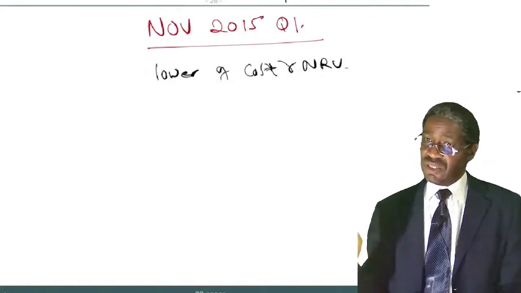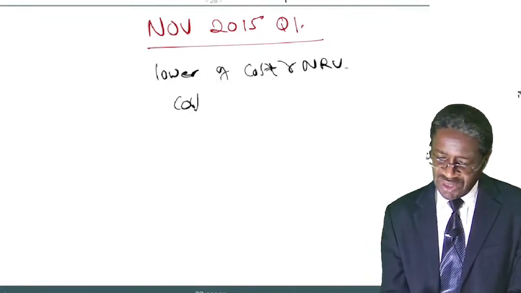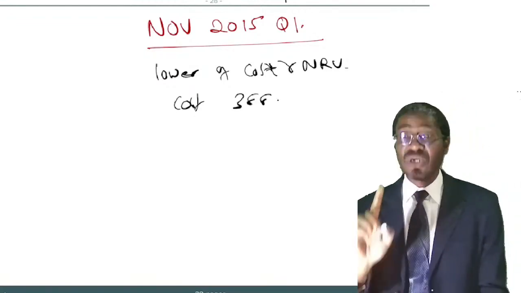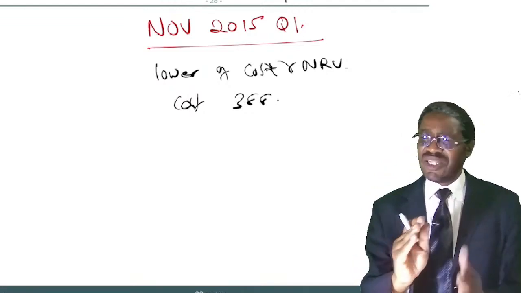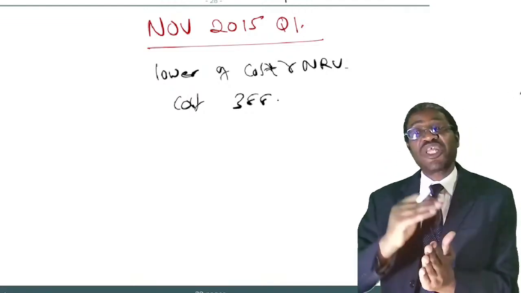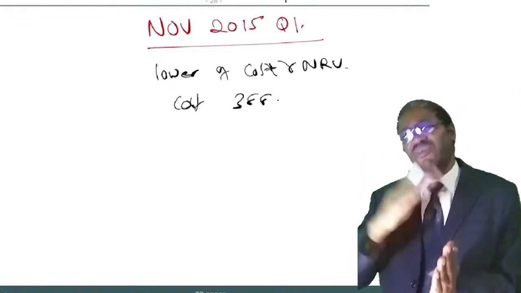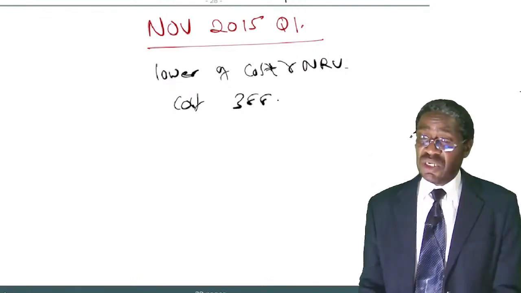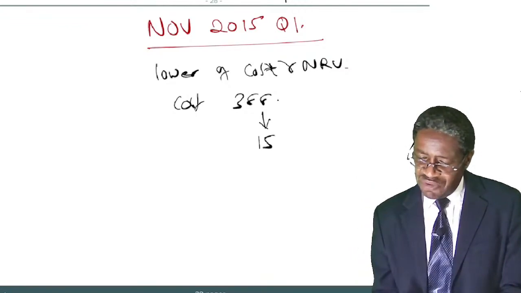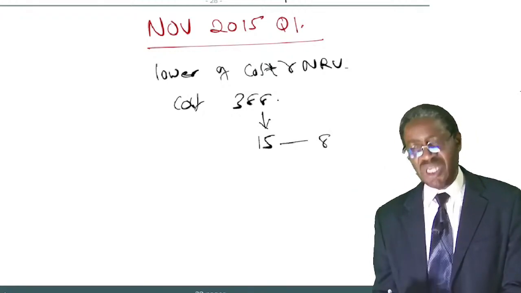Now listen, shortly after the year has ended, and before the accounts were finalized, there is one bunch of stock which is part of the 388 million, which cost 15 million but was sold for 8 million.